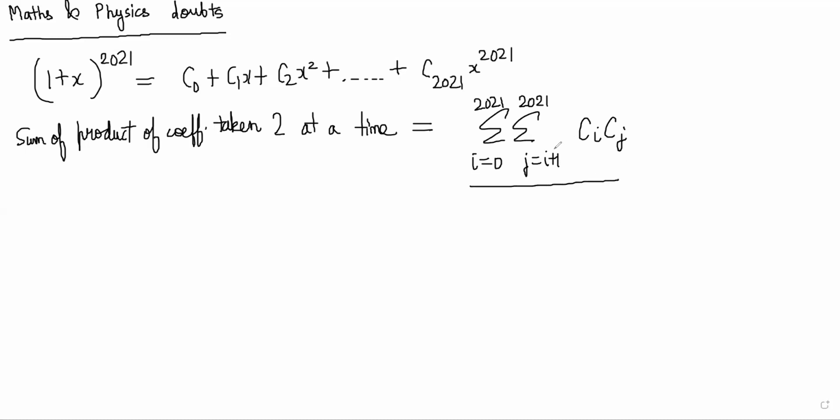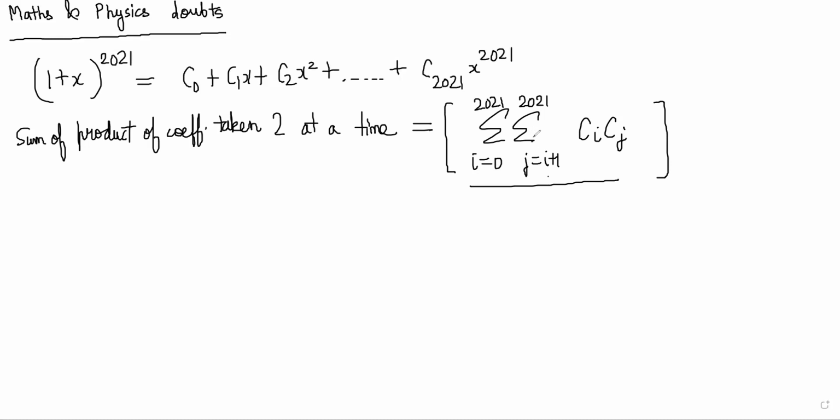So do you understand the meaning of the summation? Why they have written it like this? Basically, think about it. If you fix i as 0, then j can go from 1 to 2021.